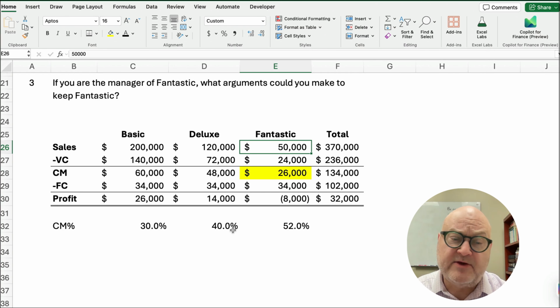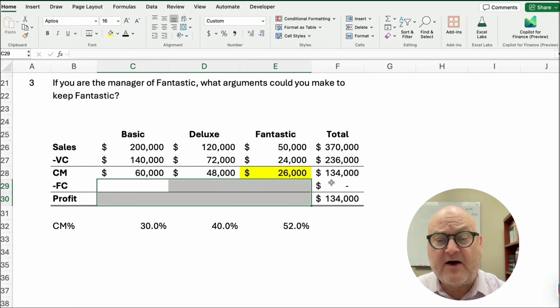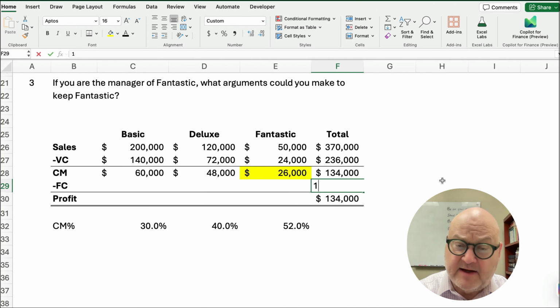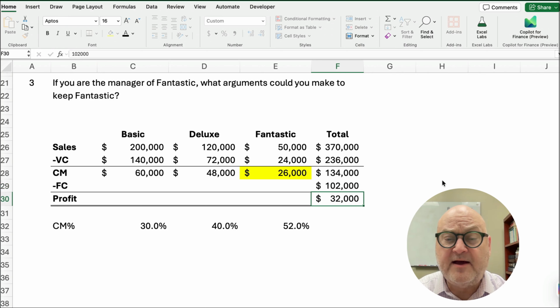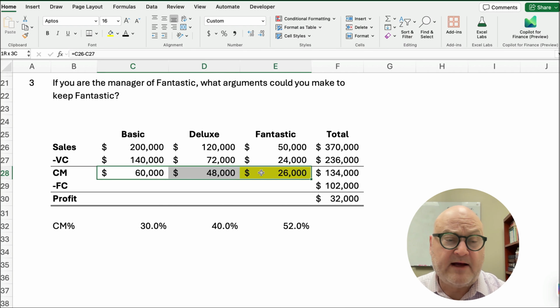So here's the other thing you could say. You could say, hey, look, the allocation of fixed costs is arbitrary. So you might say, let's not allocate these fixed costs at all. Let's just have it at the company level. Let's just evaluate our divisions based on contribution margin rather than the allocation of fixed cost.